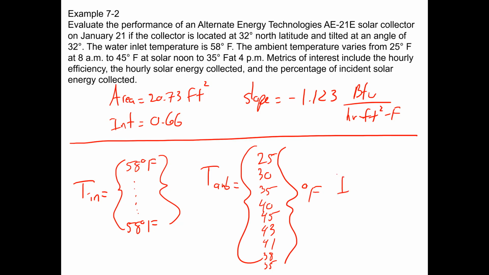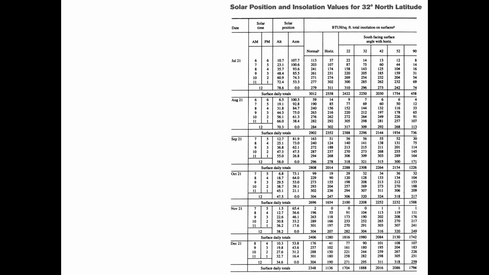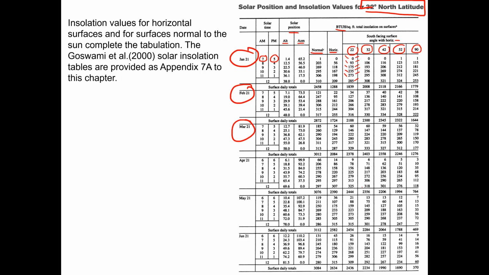And then what we'll need next, in order to evaluate this, is looking at the solar insolation. If you were to go into your books, you can find for a location of 32 degrees north latitude, which is what this problem statement is asking for, the solar insolation for January 21st at a tilt angle of 32 degrees.